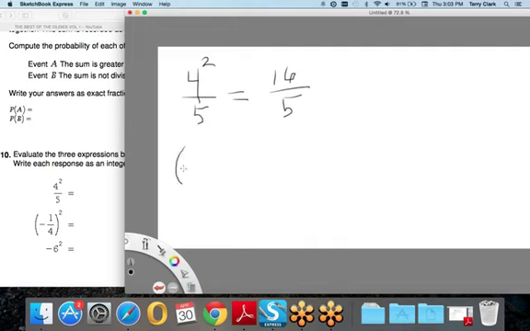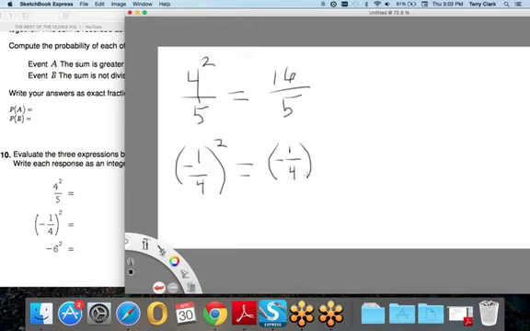All right, our next one, negative 1/4 squared. Now what that means is that there are 2 of these negative 1/4s. The parentheses means that everything stays together. That's a grouping symbol.